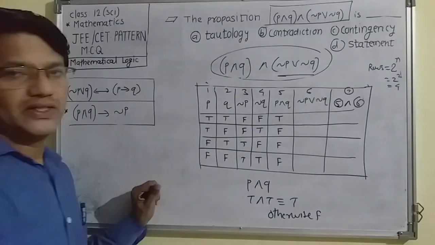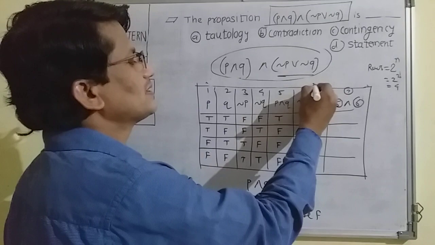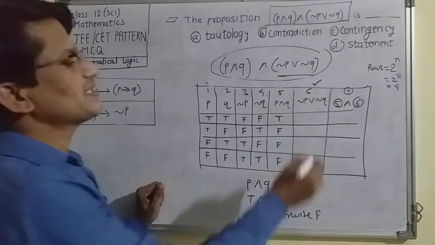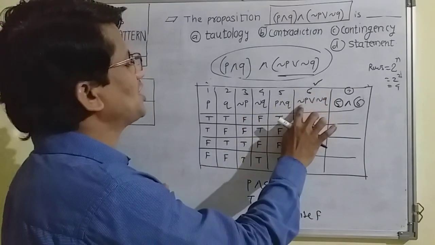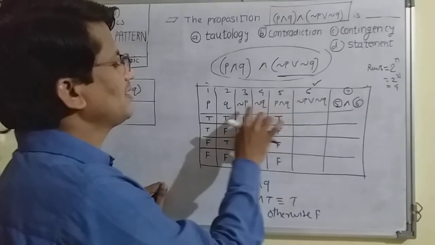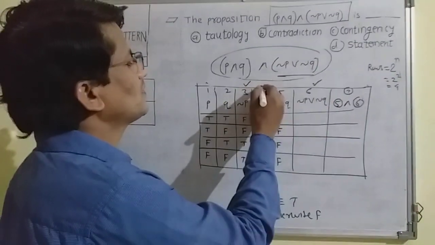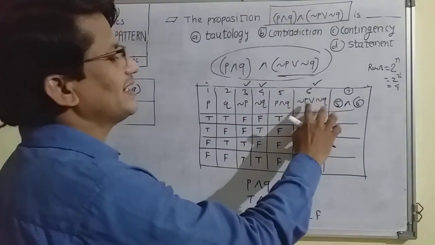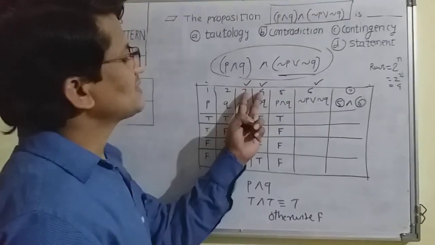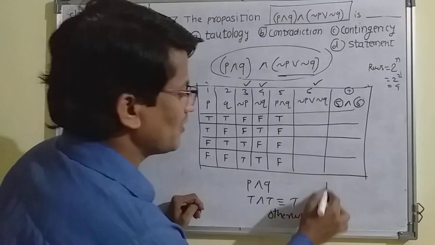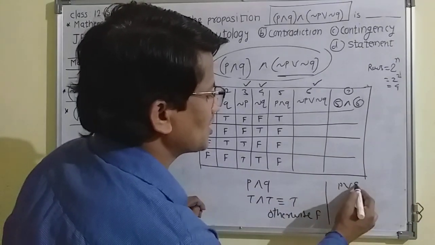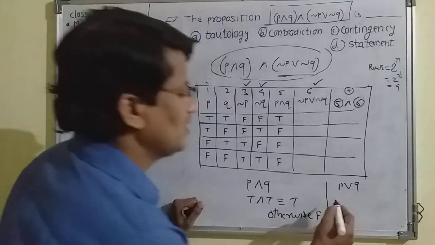Now over to number 6. What is number 6? Number 6 contains negation of P, column number 3, and negation of Q, column number 4, and they are connected with OR. What is the rule for OR?